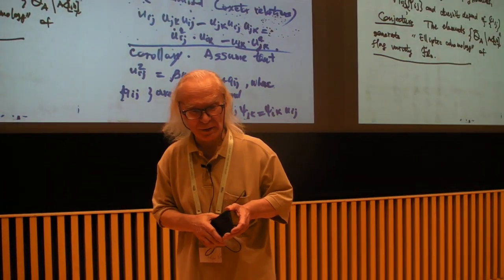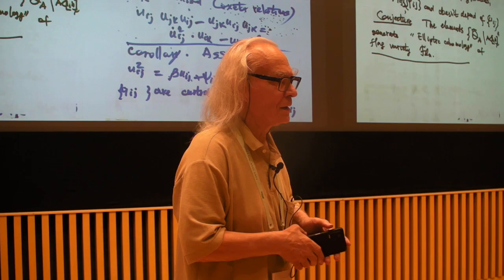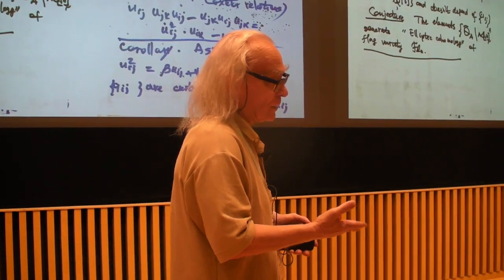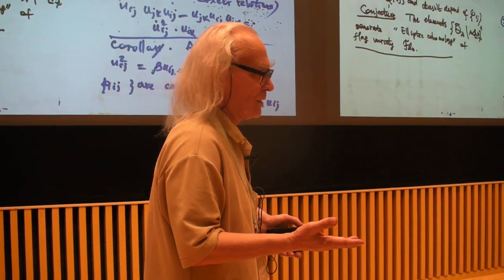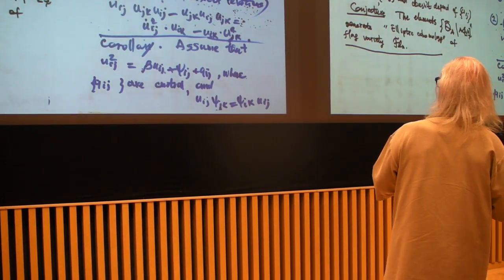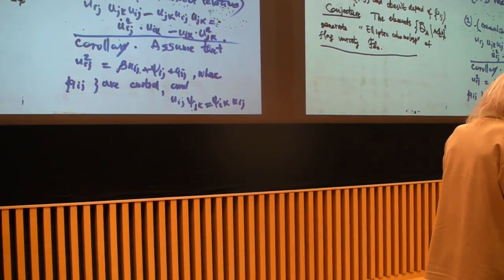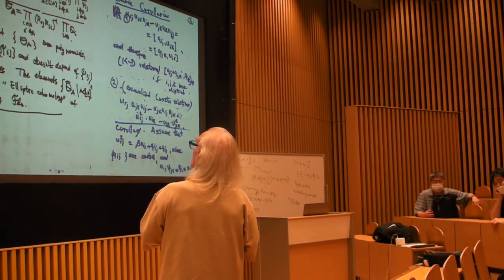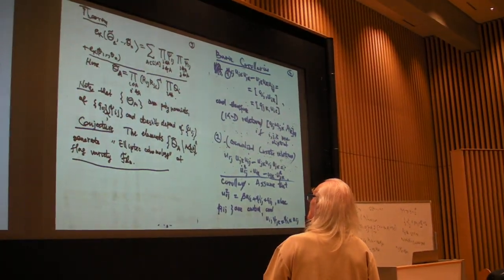Because commonly in the Hecke algebra you have just one parameter, which is the quantum parameter. It comes from the quantum group. So, any other questions or comments?